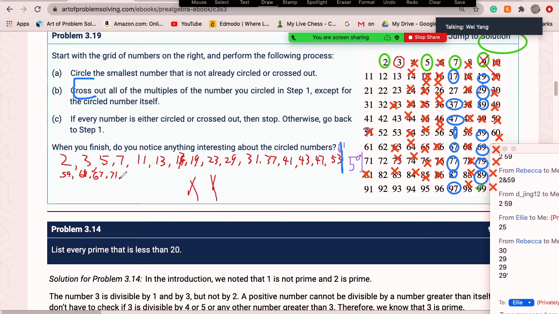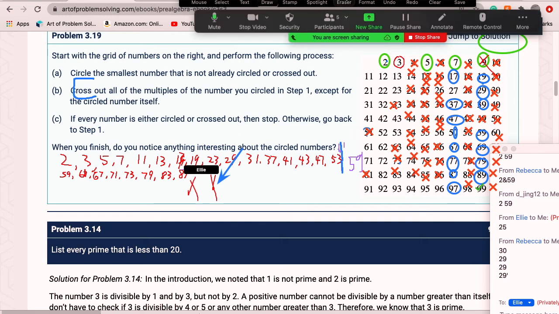Then 71, 73. Then 79, then 83, then not 87, 87 is divisible by 3.